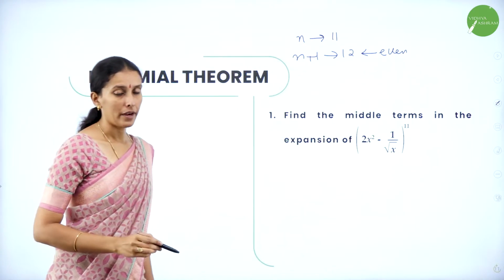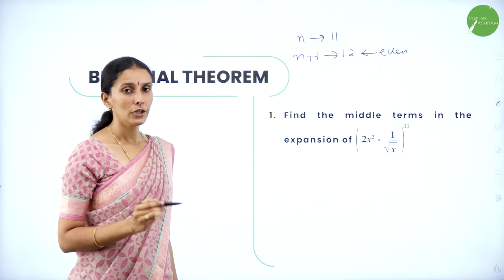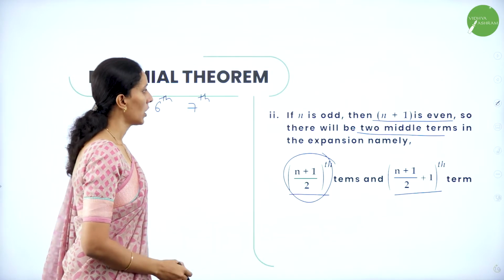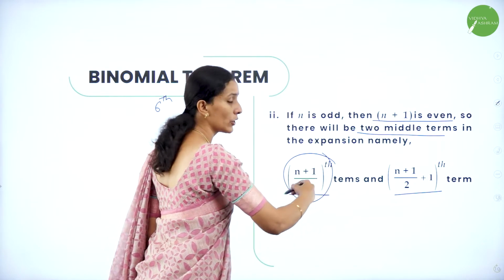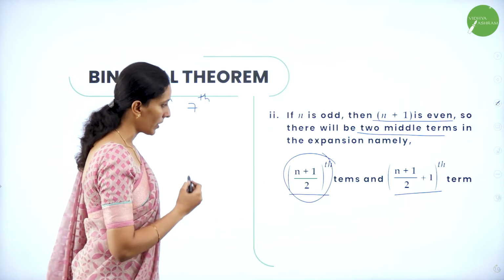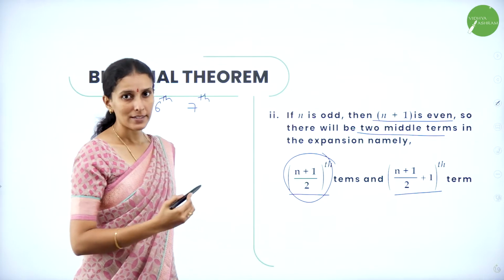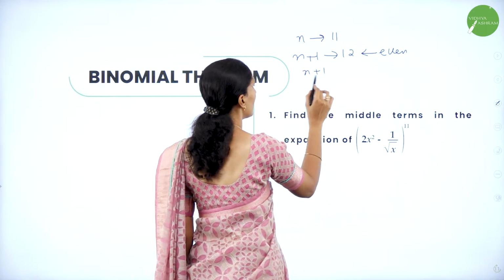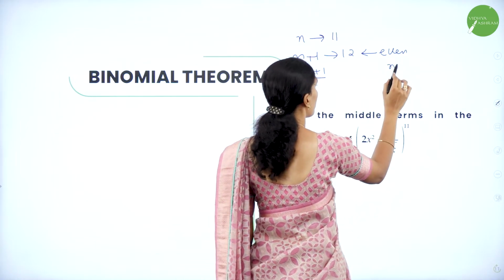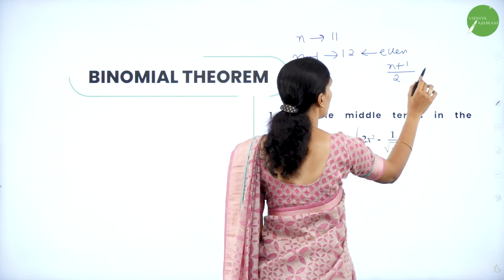Whenever it is even, what is the method to find the middle term? See, when n plus 1 is even, the formula to find 2 terms is n plus 1 by 2, n plus 1 by 2 plus 1th term. So we will find the terms.